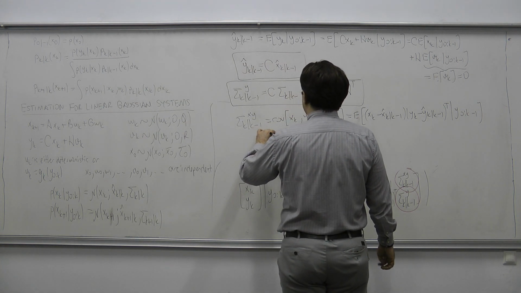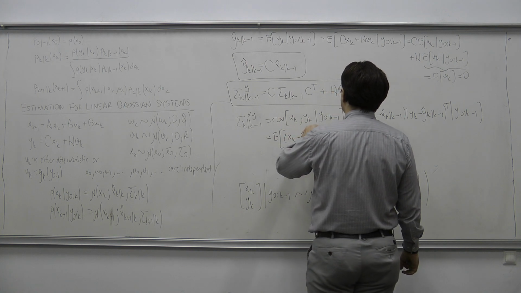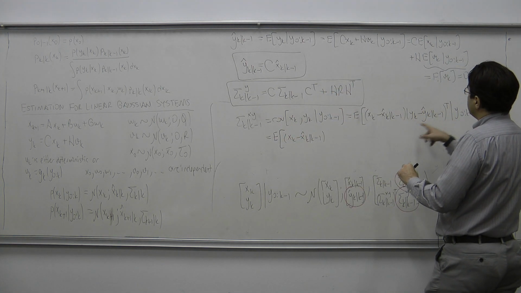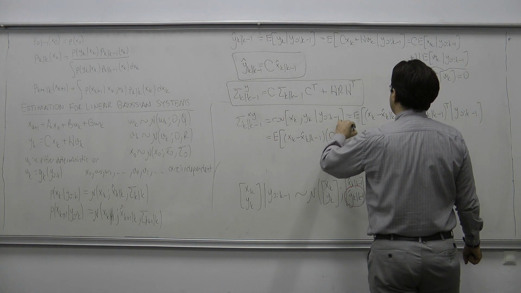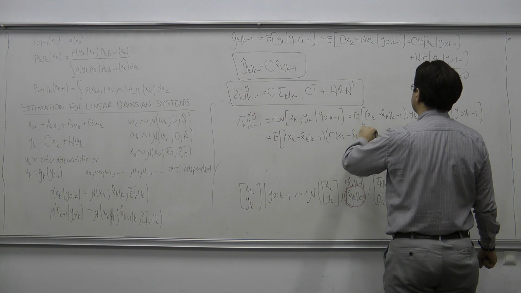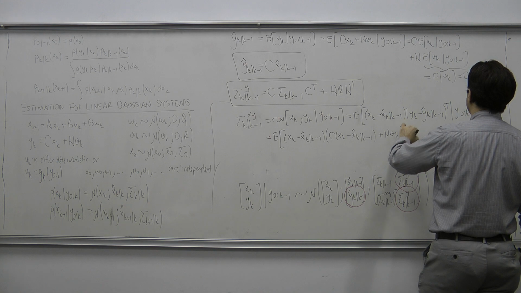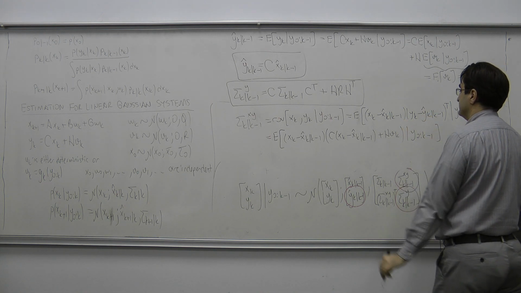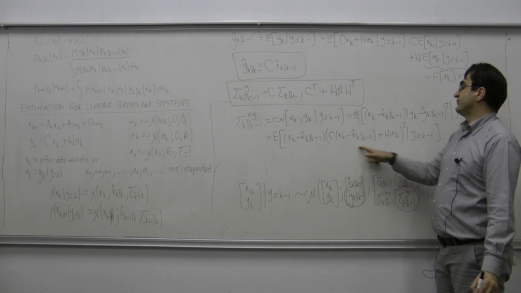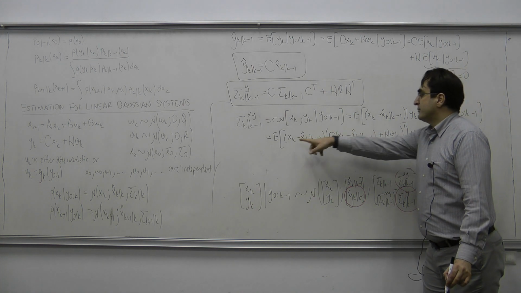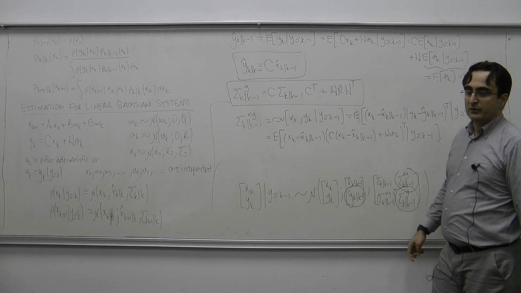Now that is equal to the expected value of xk minus x hat k given k minus 1 times, we have already calculated this quantity. What was it? C times xk minus x hat k given k minus 1 plus H vk. Okay? Given y0 to k minus 1. All right? Now I have to take the transpose of the second term, multiply this with this one, and then take the expectation given y0 to k minus 1.